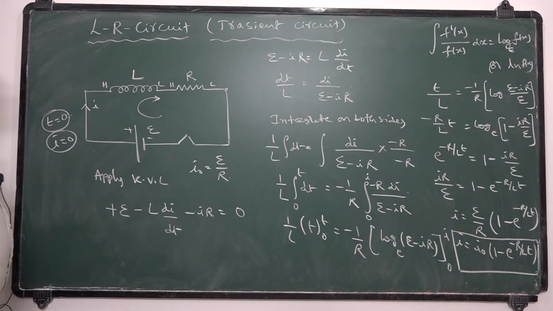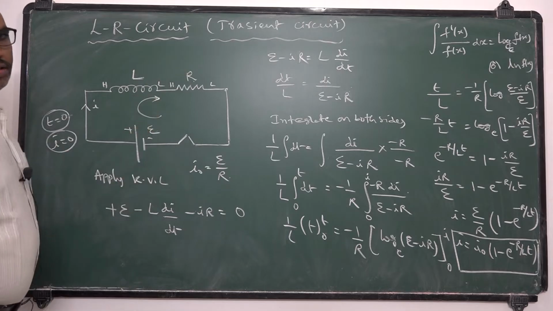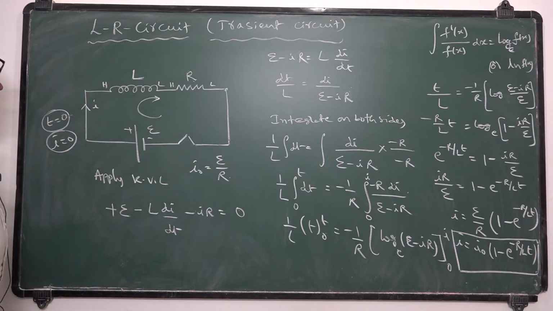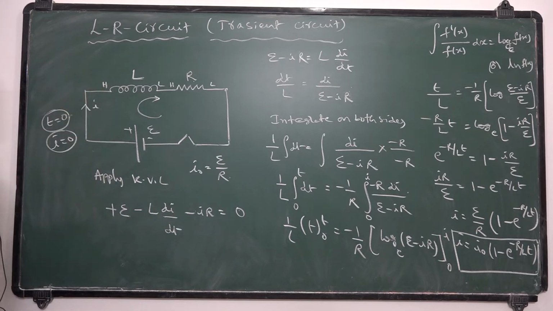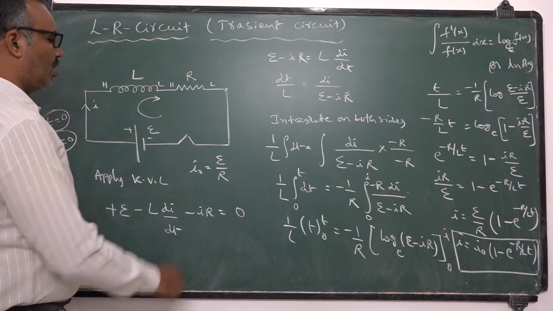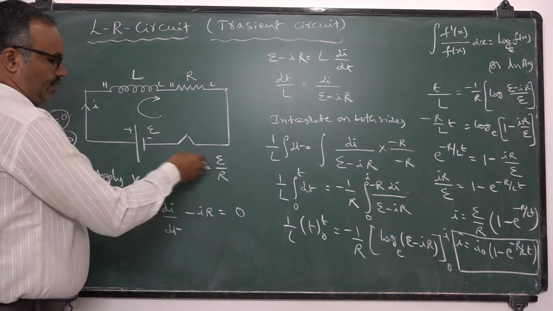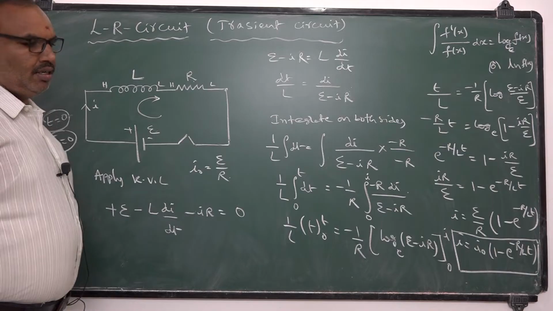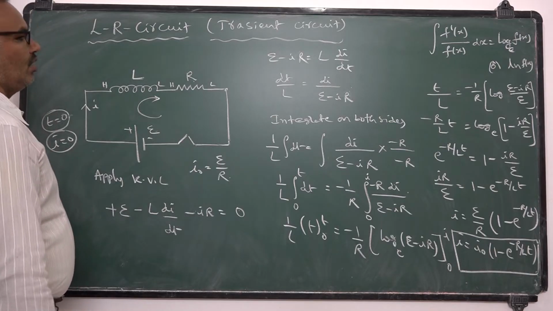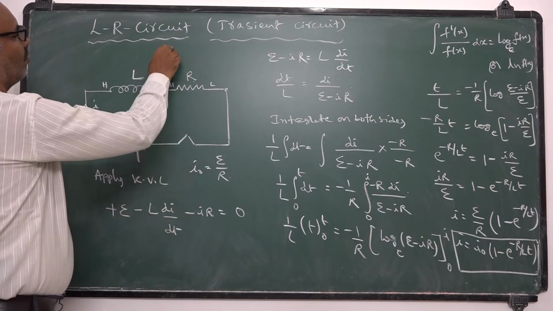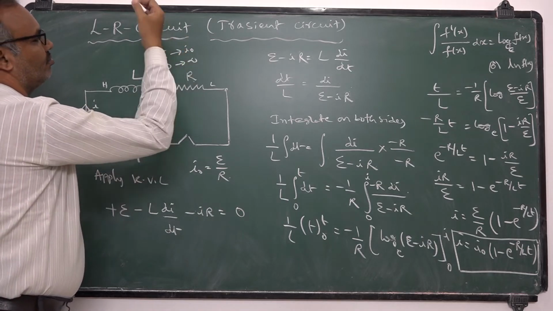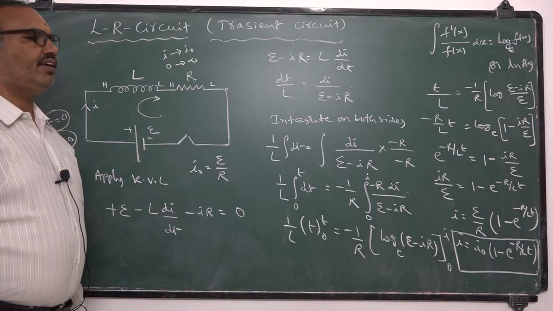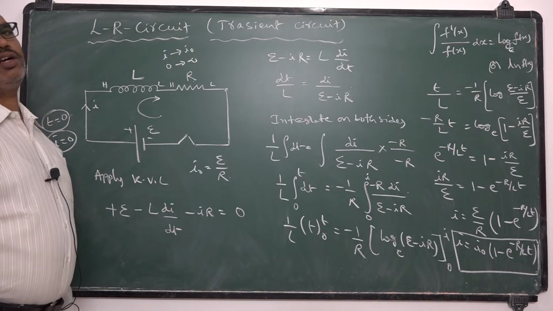Here this circuit consists of L and R, hence it is called an LR circuit. Whenever you switch on the key, the current will take some time to grow to the maximum value. The maximum value of current you are expecting is E by R. In order to reach the current from 0 to I naught, it requires a time from 0 to infinity. Infinite time we need to wait to get the maximum value of current to pass through the circuit.